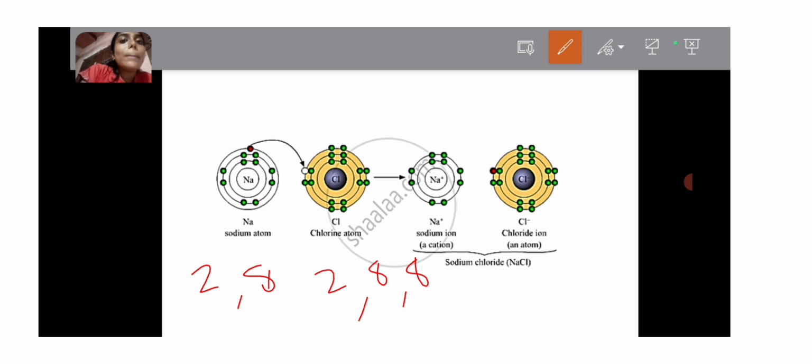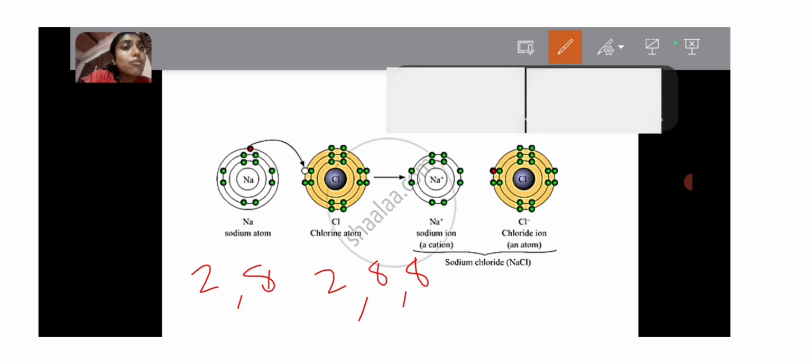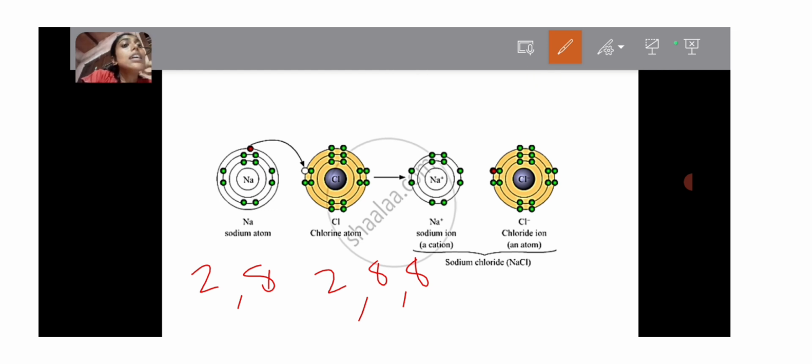So the combination of sodium atom and chlorine atom forms sodium chloride. That is, the one sodium atom loses 1 electron, gives its 1 electron to the chlorine, and becomes a sodium ion.